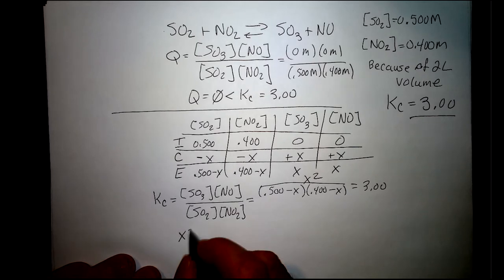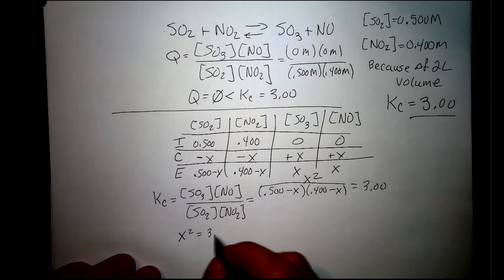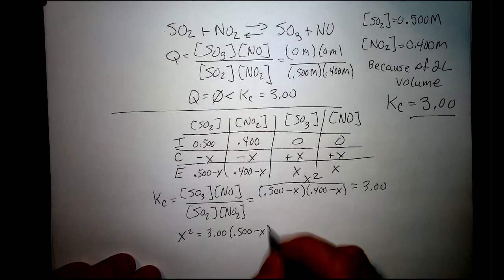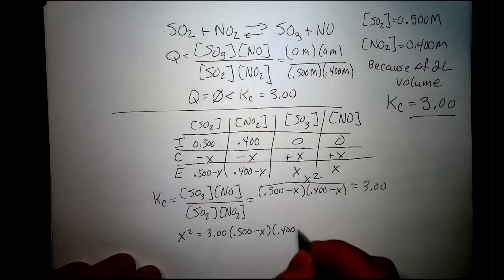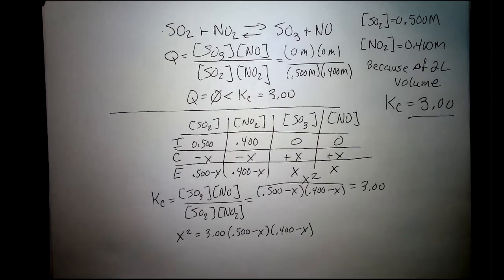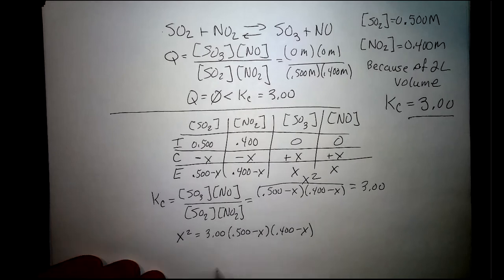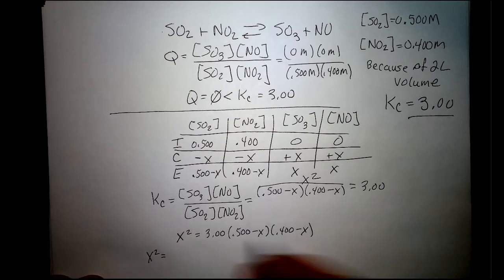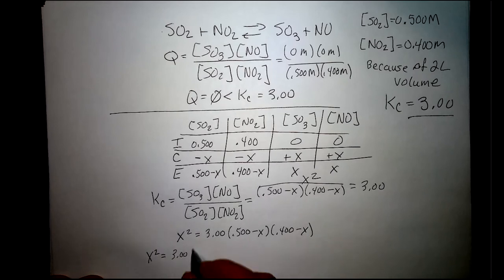x squared is going to equal 3.00 times 0.500 minus x, 0.400 minus x. Just multiply both sides by those to get them in the numerator. Now I need to multiply everything out, so I'm going to FOIL, and I'll save distributing the 3 for later.